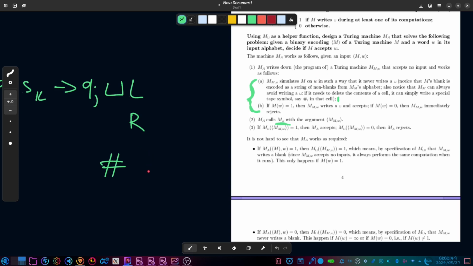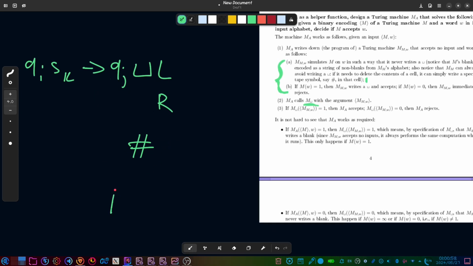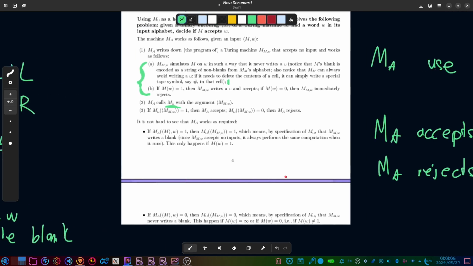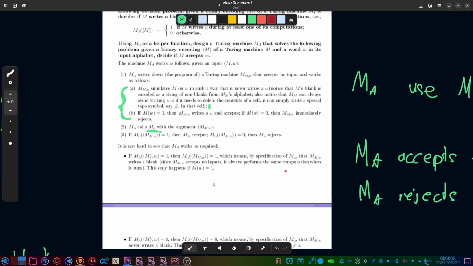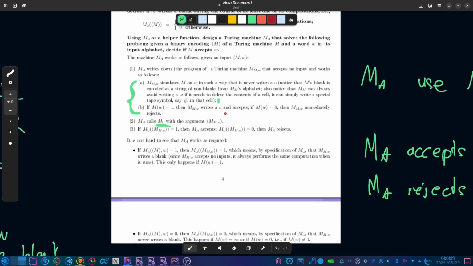From there, if M accepts W, only then will MMW write a blank. Why is that so significant? And if M rejects, then MMW rejects.